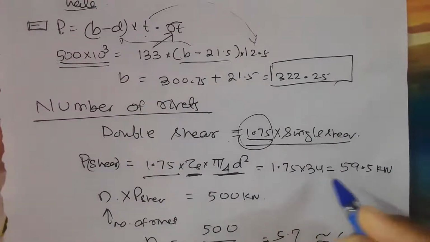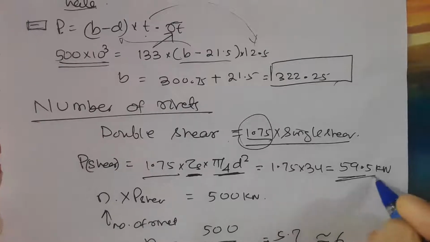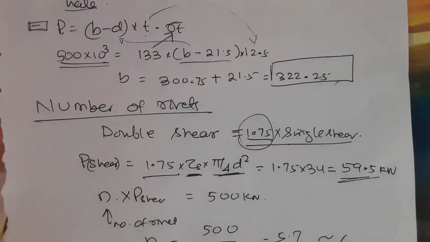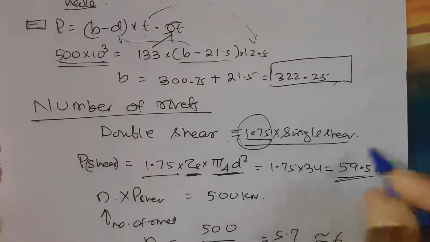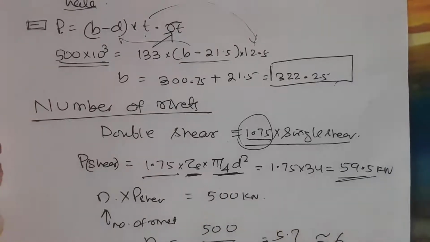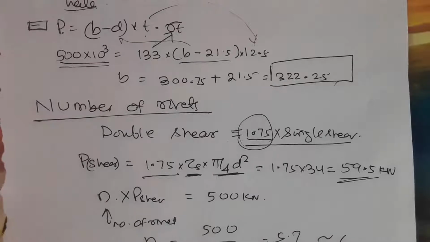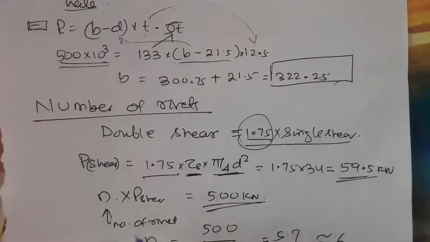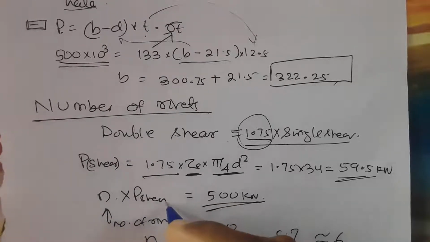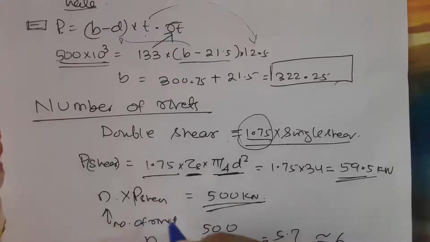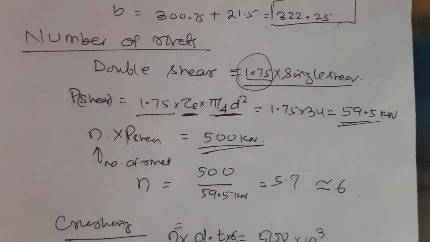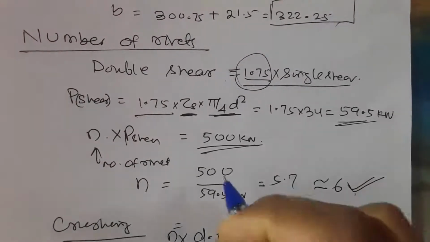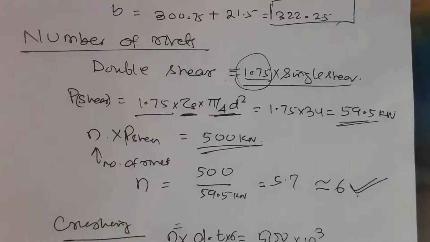But when it is double shear, it comes out to be 59.5 kilonewton. So a single rivet can withstand 59.5 kilonewton. To withstand 500 kilonewton, N into the shearing strength should be equal to 500. N comes out to 5.7, or almost 6 rivets are required to withstand 500 kilonewton.